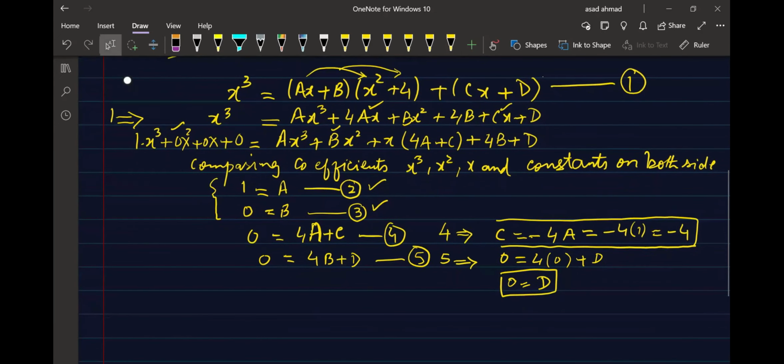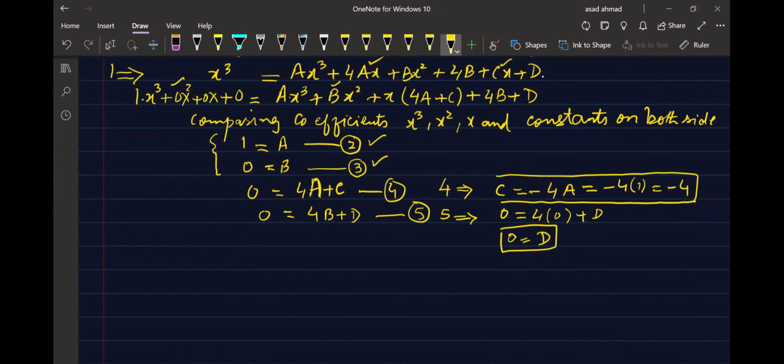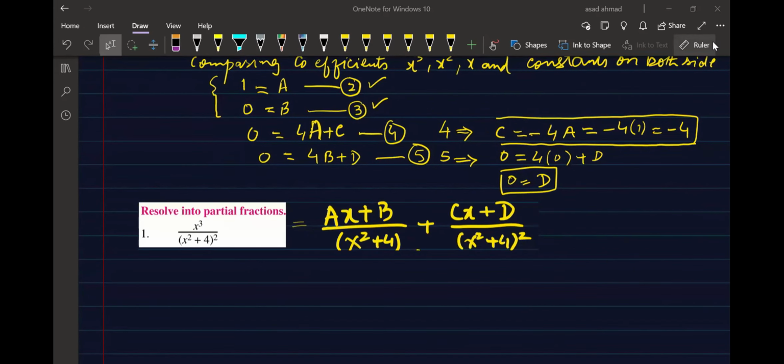Substituting the values of A, B, C, D in this equation, according to this, a is 1, so it will be 1x plus b, b was 0, divided by x square plus 4, plus the value of c, which is minus 4, and d is 0.